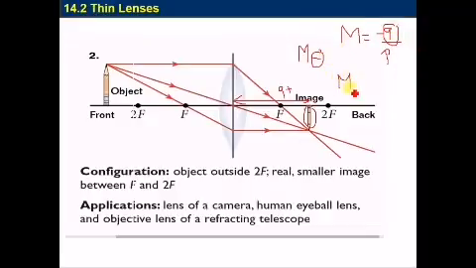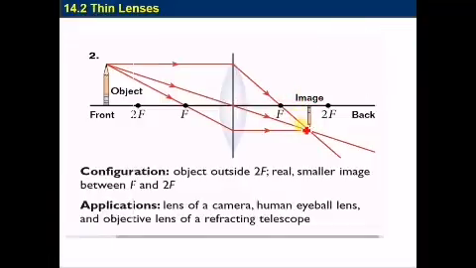I can also prove that from the other equation of magnification, which is h prime over h. What is h prime, girls? h prime is the height of the image. The image is upside down, so h prime is negative, and h, since the object for sure is upright, is positive. So magnification is negative.